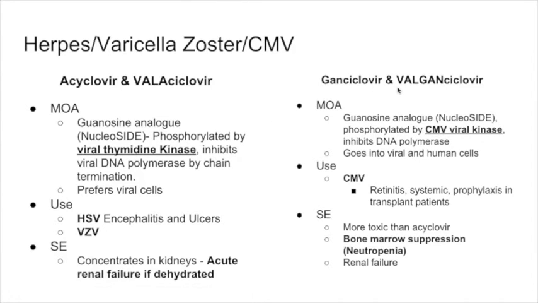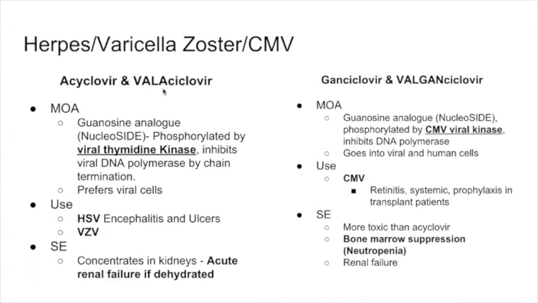Ganciclovir and valganciclovir are also nucleoside analogs. They're guanosine analogs. They are phosphorylated by CMV viral kinase, and they inhibit the DNA polymerase. These medications are specifically used for CMV.